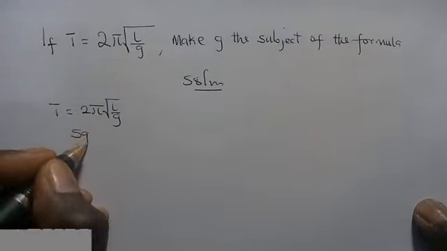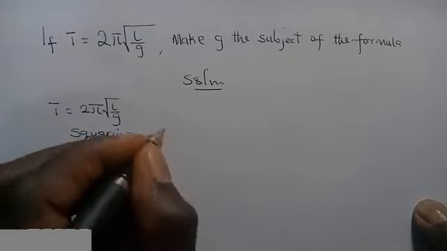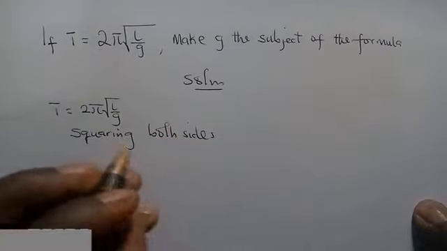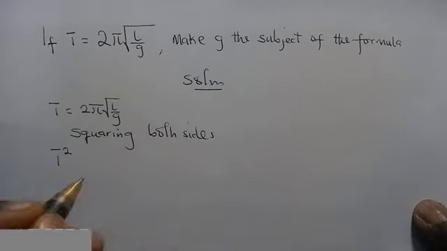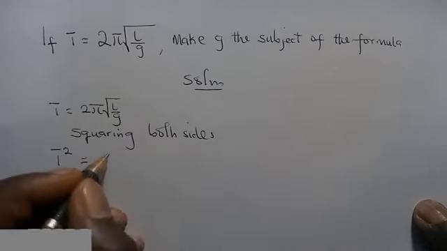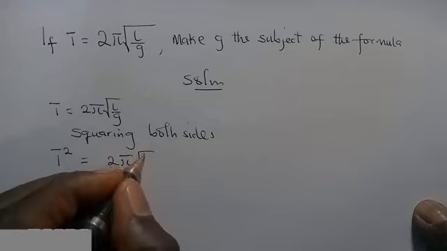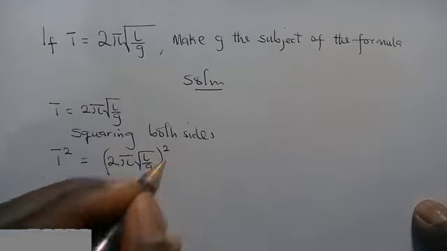So we said squaring both sides. So here we have T raised to the power of 2, and it's equal to 2 pi the square root of L over G, all raised to the power of 2.